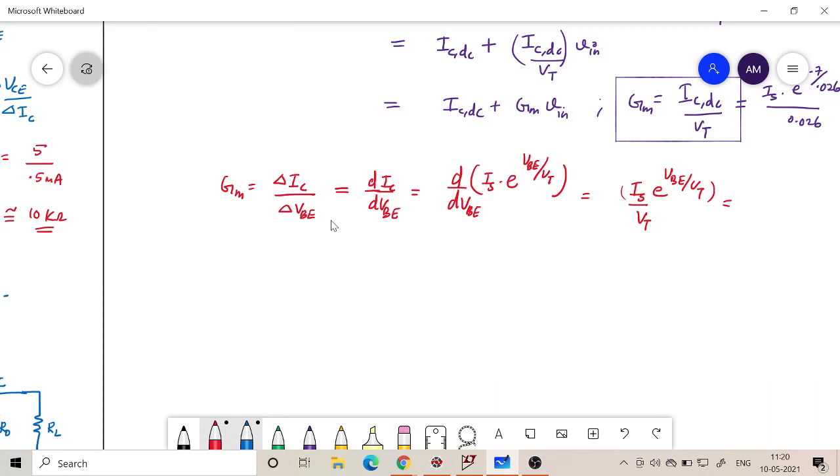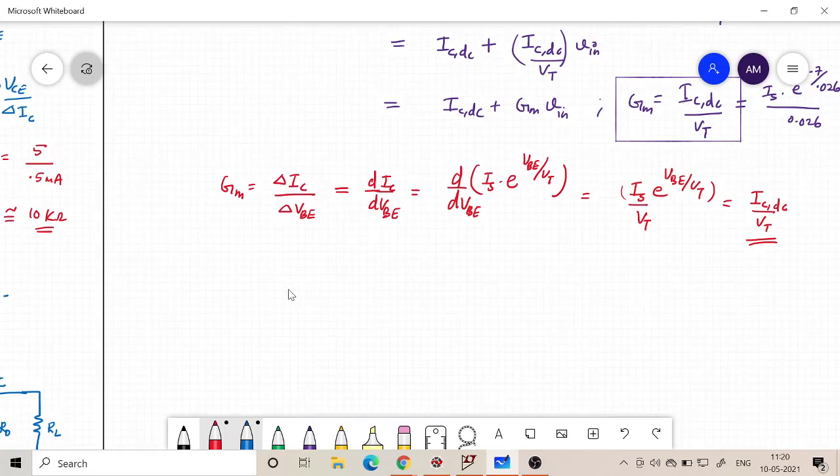This is my collector current, same as what we got above. We are taking a small variation of collector current about a point, and that point voltage is VB. So this is basically the DC voltage.